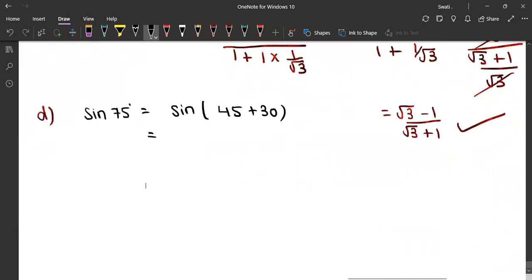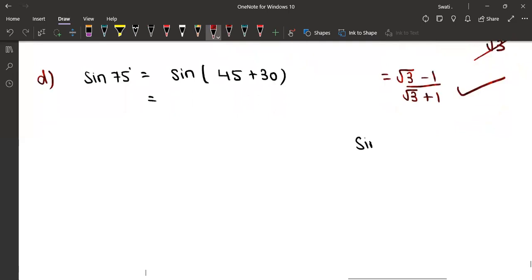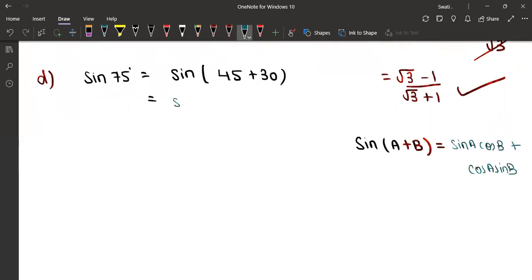Remember, it's very, very important, and I can say it's quite mandatory, to write down the formulas that you are using in your questions. Okay, so this is sine A plus B. Of course, it is in this form, and the formula is sine A cos B plus cos A sine B. So using this formula, it will become sine 45 and then cos B, that is cos 30, plus cos A, that is cos 45, and sine B, that is sine 30.